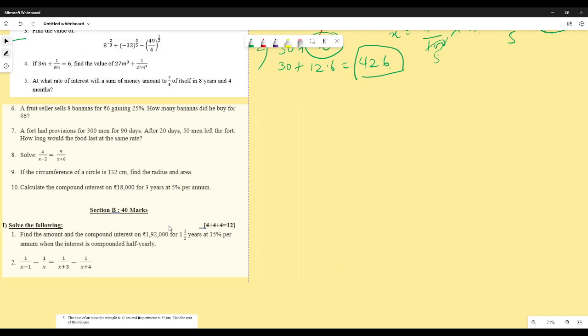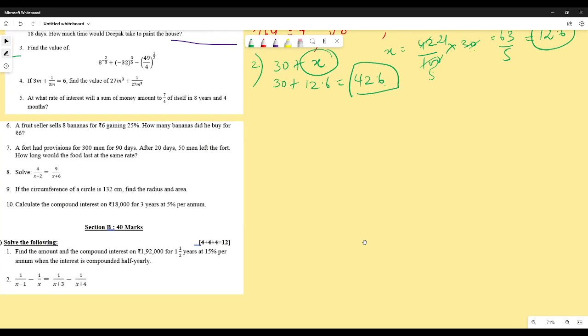Okay. So the next question that is coming up is, a fruit seller sells 8 bananas for ₹6, gaining 25%. All right. So we are taking up this question, which is question number 6. So SP for 8 bananas is equal to ₹6.